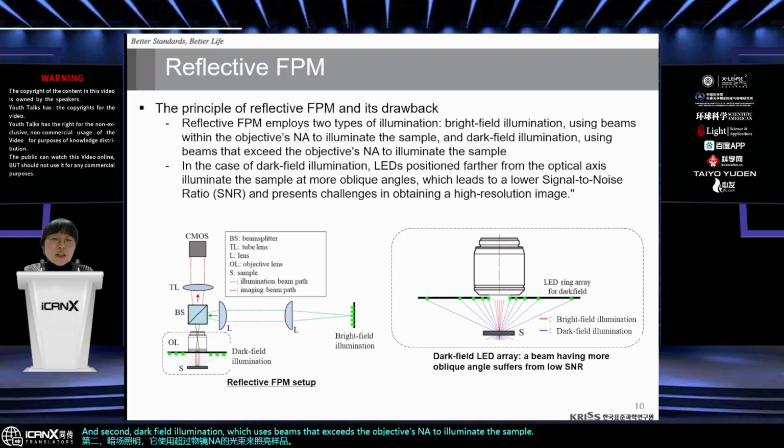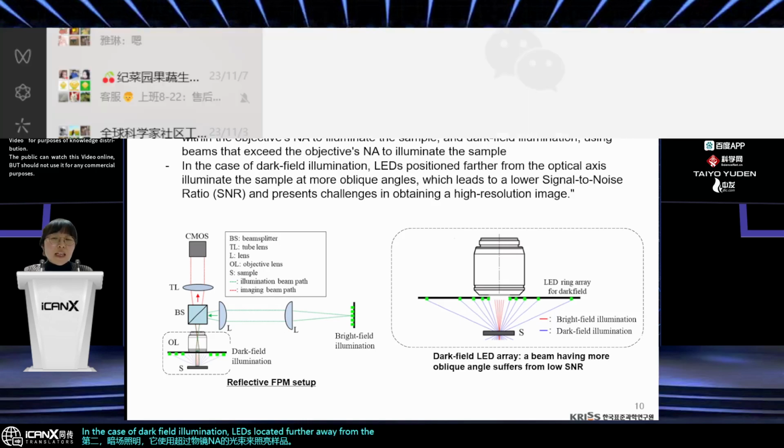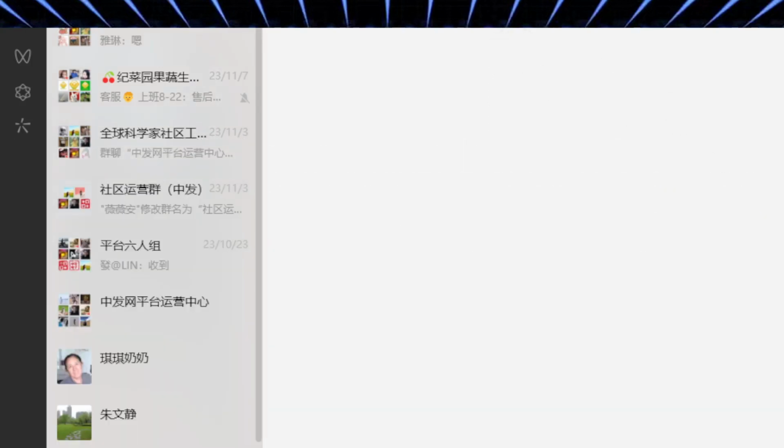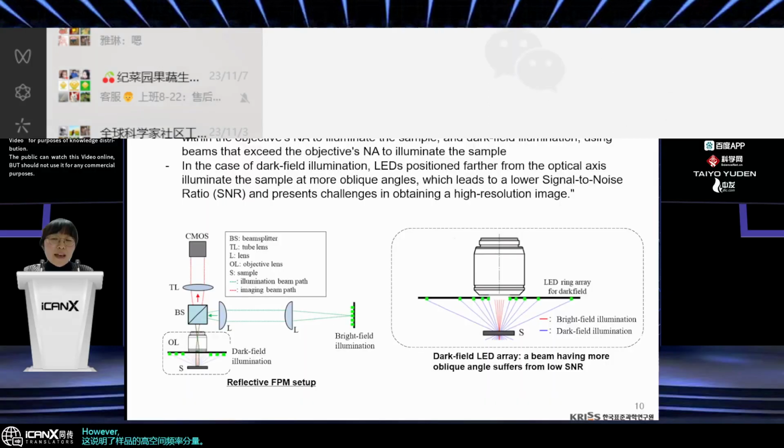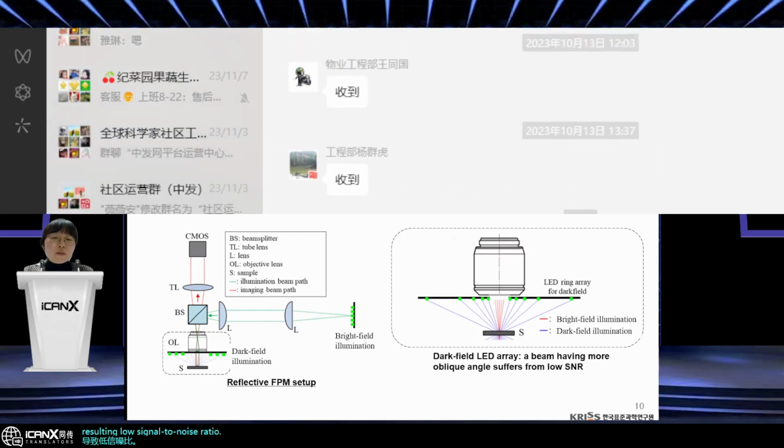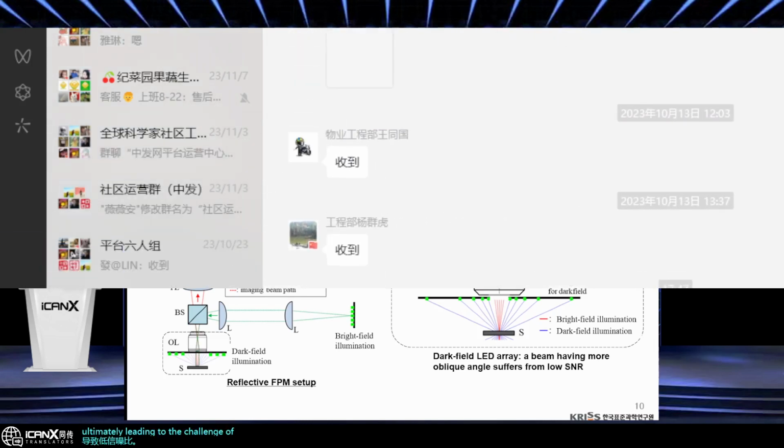In the case of dark field illumination, LEDs located further away from the optical axis illuminate the sample with more oblique angles, and this accounts for the high spatial frequency components of the sample. However, the big oblique angle and distance from the optical axis result in low signal-to-noise ratio, ultimately leading to the challenge of obtaining high-resolution image.